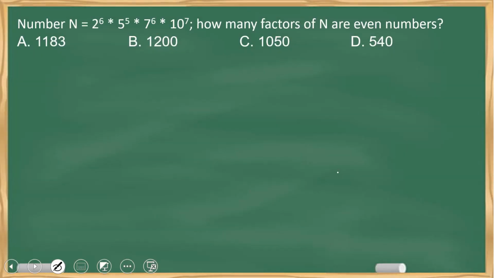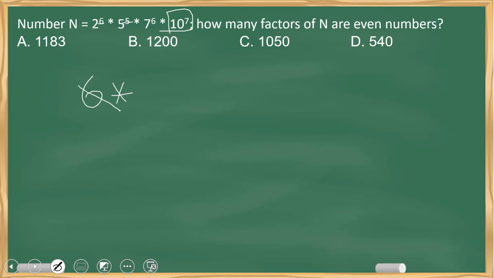Even factors. So again, even factors means you need to consider the power here, that is 6 into 5 plus 1 and 6 plus 1. And again, one more important thing, 10 is not a prime number.